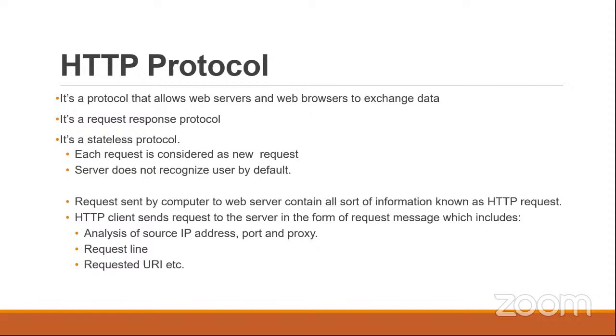I'm giving this because we are going to learn servlets in future, so we need this information. It's not only these, there are many more, but I've given samples: IP address, port number, proxy, request lines, and requested URIs.